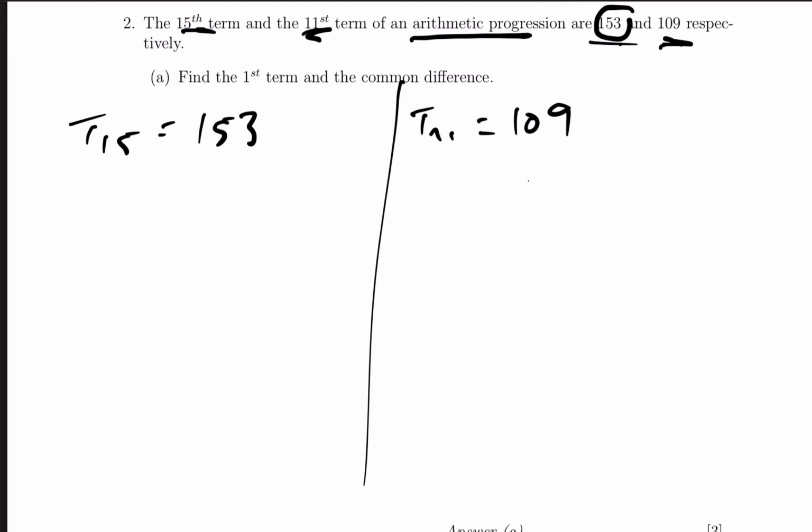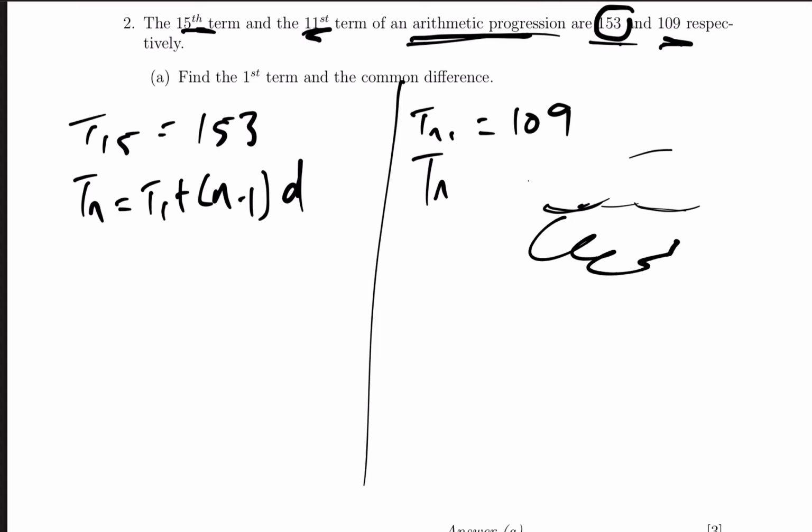So we have these two equations on our hand. Because this is an arithmetic sequence, we are using the formula that says Tn is equal to T1 plus (n minus 1)d. Let me first calculate this side.